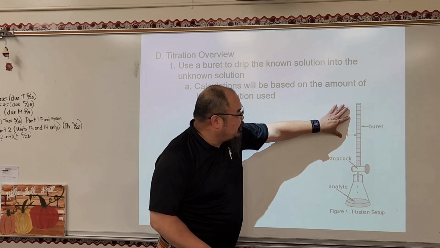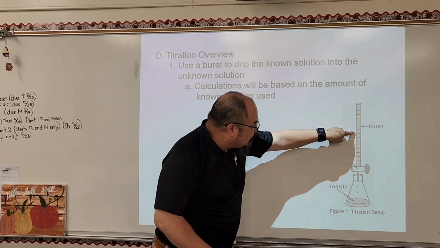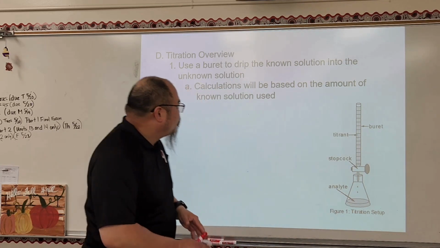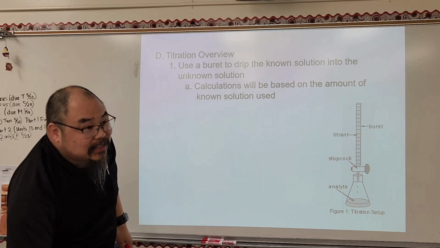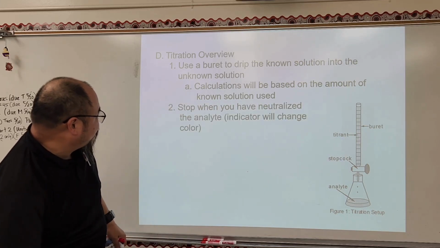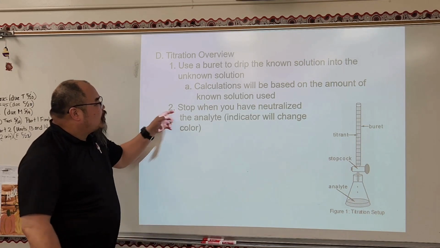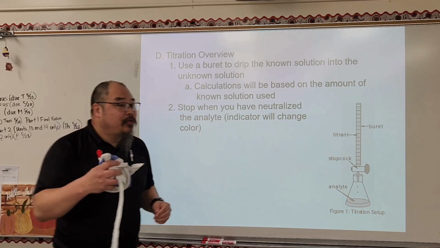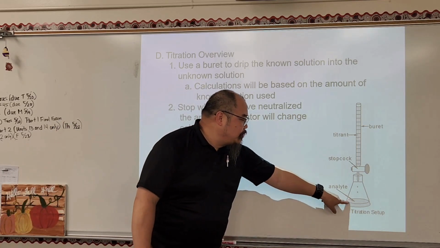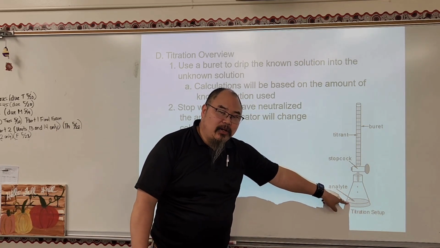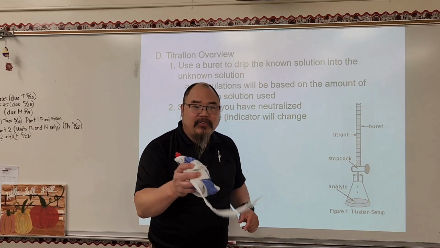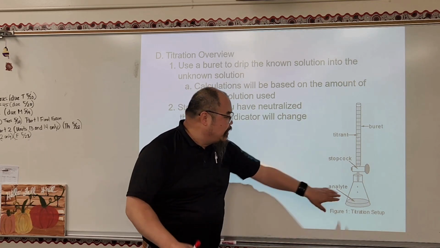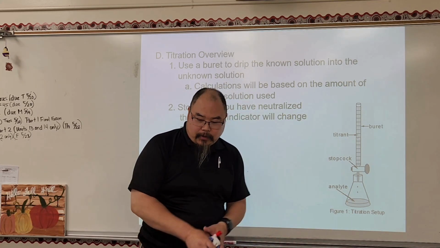You know the concentration. You're going to keep adding until it's neutral. That's going to give you a volume, right? Stop when you've neutralized it. And again, how do you know it's neutralized? You're going to use that indicator. When it changes color, right when it changes color with phenolphthalein, it's going to be close to pH 7. So that's when you know when to stop.